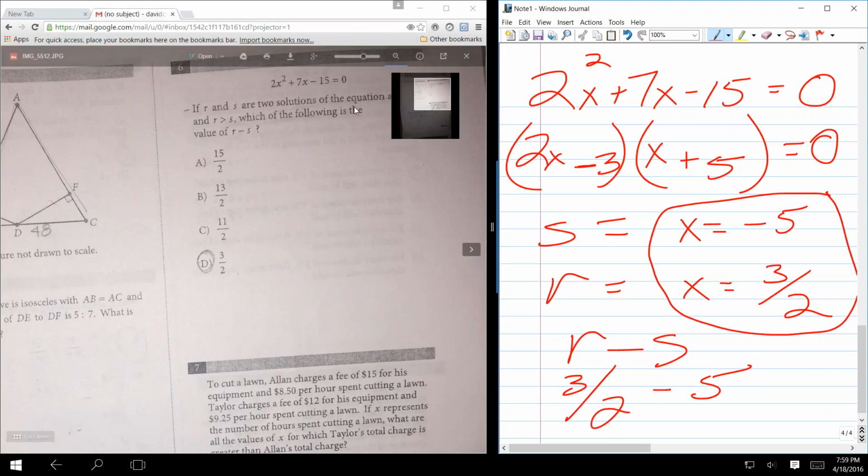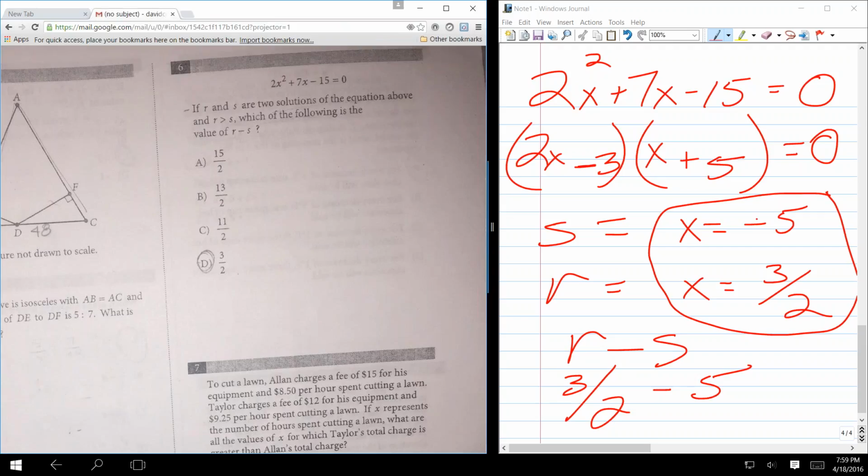Let me see what the actual answer is. Well, hold on a second. I'm sure I can figure this out. R is greater than S, so R has to be the 3 halves. S has to be the minus 5. Oh, don't you add 5 to 3 over 2? Because it's minus and negative?